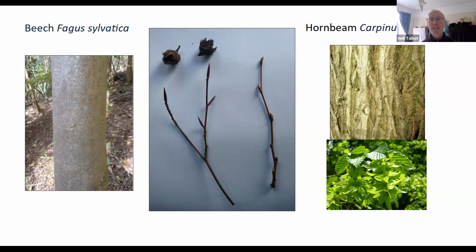Another key difference is there's a couple of beech nuts or beech mast just above where the twig is. They are these spiky seed cases that you get with beech, and they're very distinctive, and you'll see quite a lot of them on the ground below the tree now.